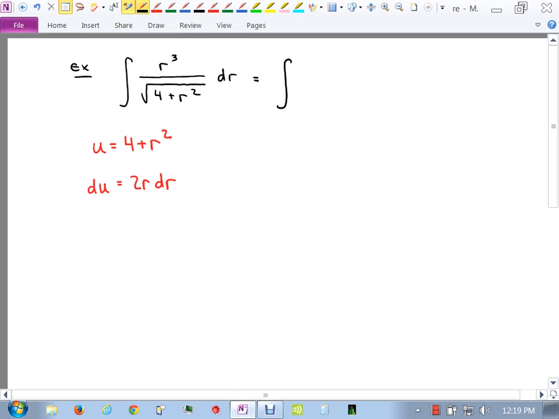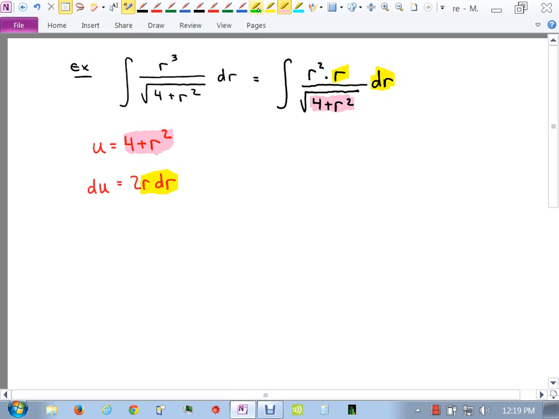If you take the integral and rewrite it as r squared times r over square root 4 plus r squared dr. Now, do you see the r dr right there? You're just off by a half, aren't you? Now, what about the 4 plus r squared on the bottom? Well, that's just u, isn't it?